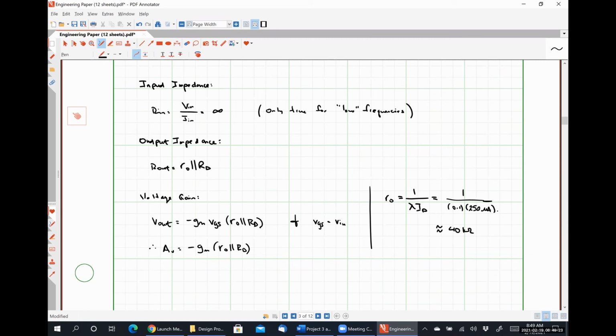So since it's in the denominator, as this gets smaller, the output resistance R naught should get larger, right? So what I'm getting at here is that R naught is usually significantly larger than that resistance RD.